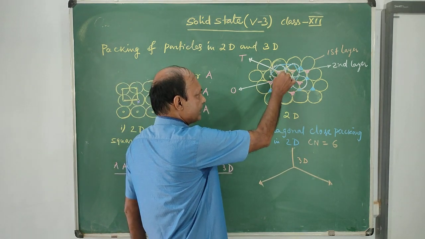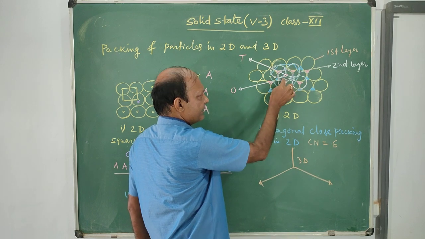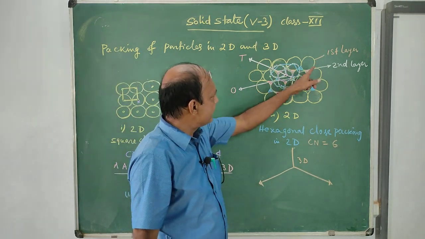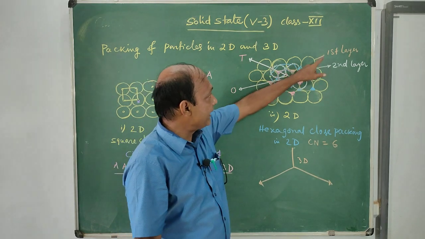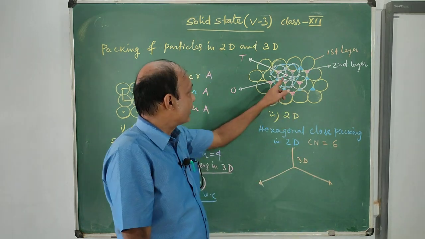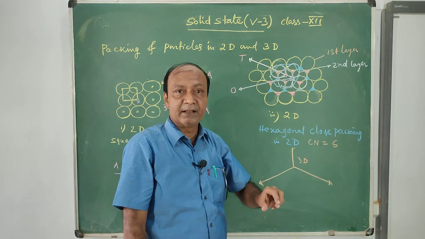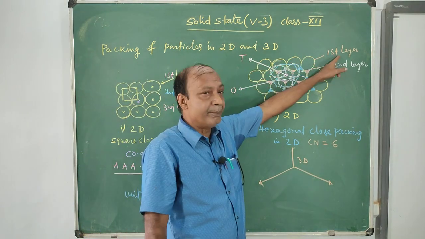So if you put the spheres over the triangular depression T, by putting a particle here over the triangular depression T, it is the layer A, the first layer, that is repeated. Layer A is repeated because just below it there is a center of the particle. When you construct the third layer by putting the spheres above the triangular depressions T, the first layer will be repeated.